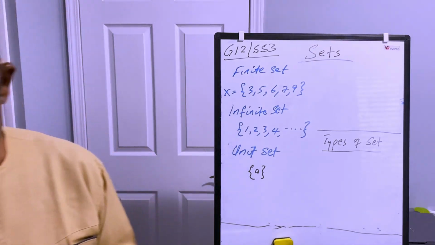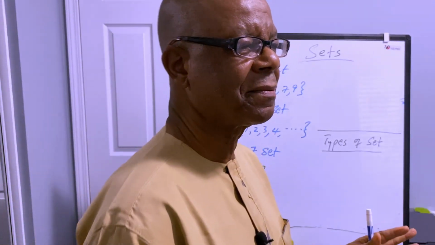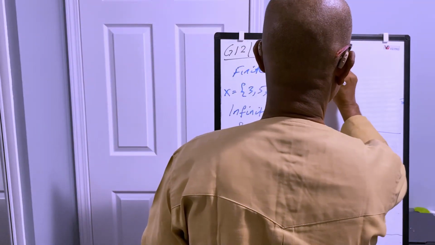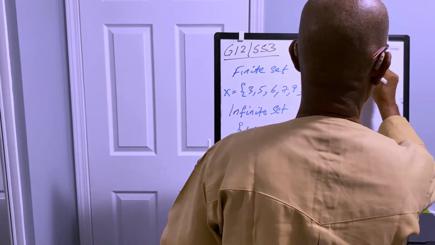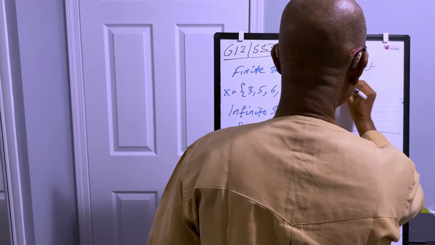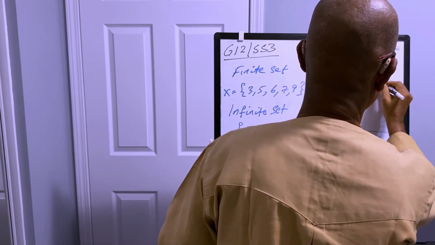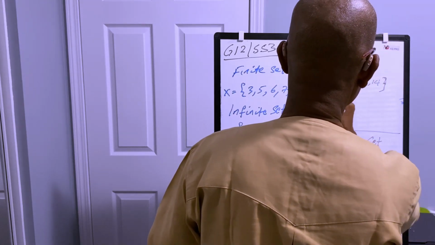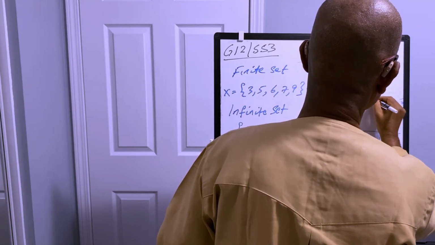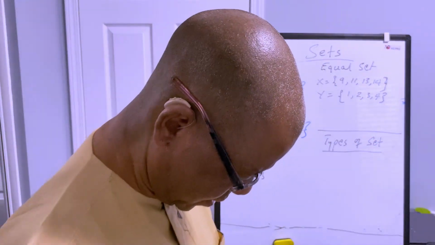We have equal set. We have disjointed set. An equal set is a set that has equal elements. If we have set X equal to the set of 9, 11, 13, 14, and we have another set Y, which is equal to 1, 2, 3, 4, we are talking of equal sets.